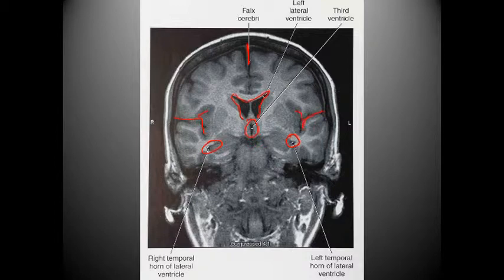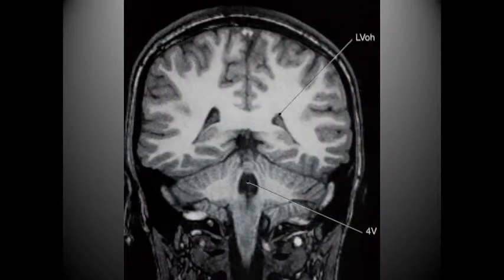We have the lateral fissure, here we're looking at the occipital horn of the lateral ventricle bilaterally. Notice we're seeing the fourth ventricle as we're going into the cerebellum.